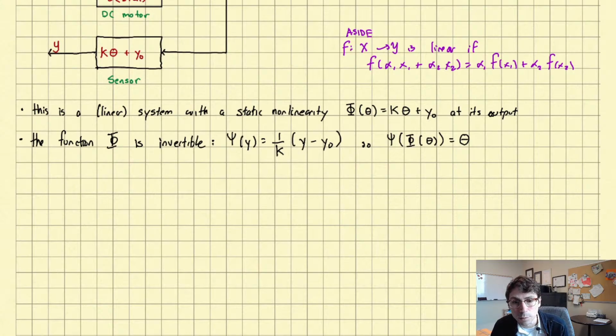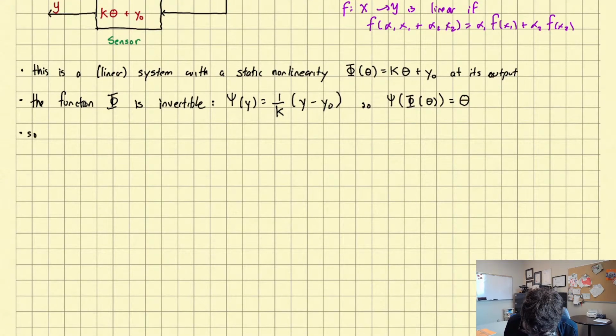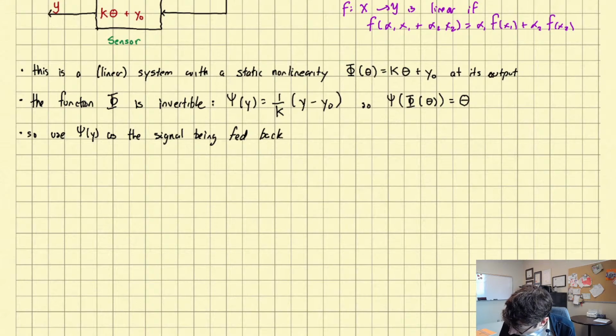Okay, so that's the idea. Basically, we can implement this psi function easily on a computer, no problem. And so we'll take y, we'll run it through this psi function, and then use the output of that psi function for feedback. So use psi of y as the signal being fed back, instead of y.